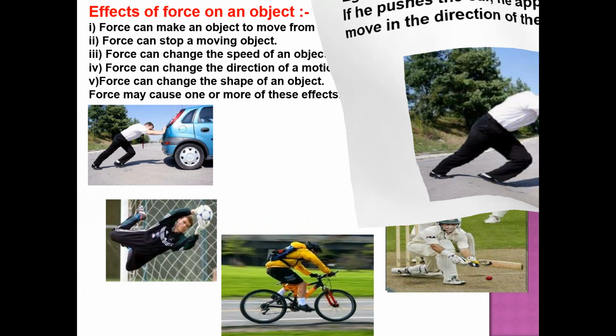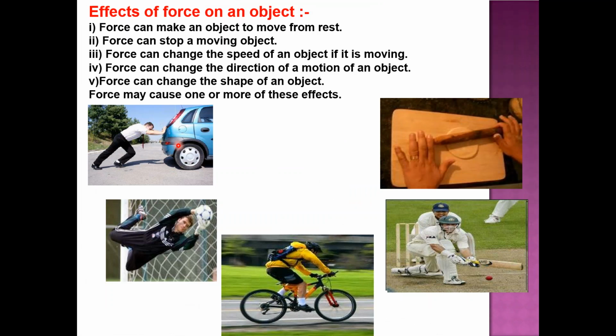Dear students, when a force acts on a body, it may have different effects on the body. It can cause various effects. The effects of force on an object can be any of the following. First one is, force can make an object move from rest.